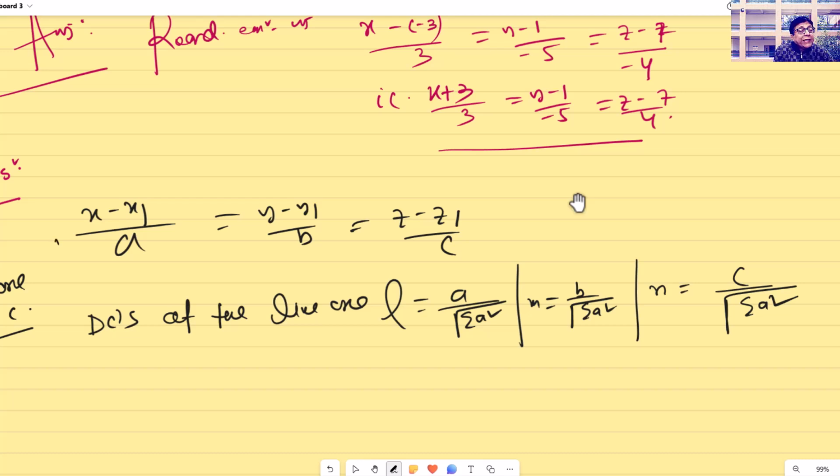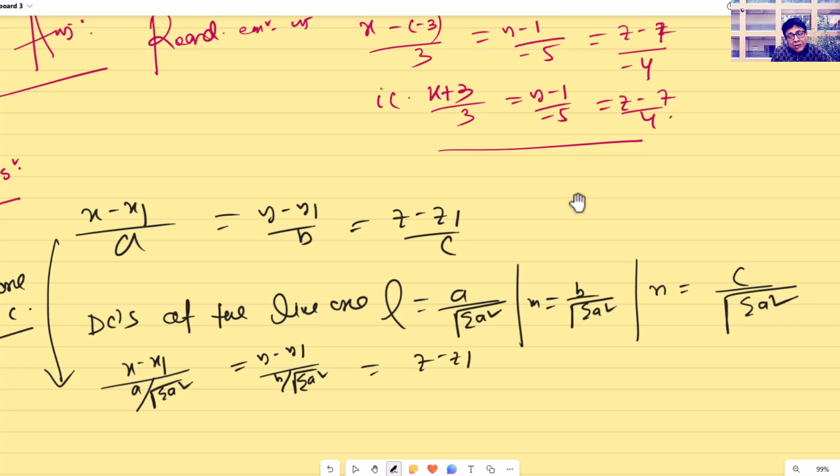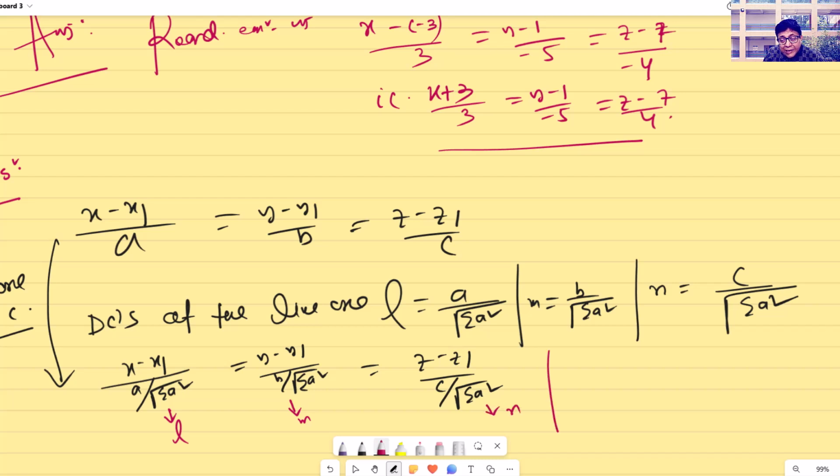Now, in this scalar form I am dividing all the denominators by root of sigma a square. We have already studied that this is the direction cosine l, this is m, and this is n.